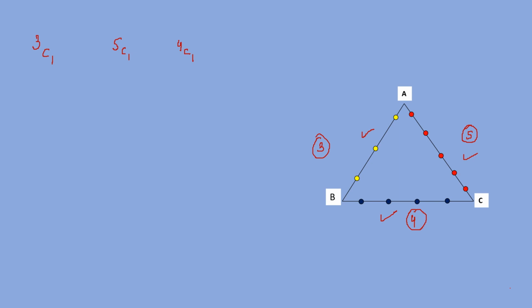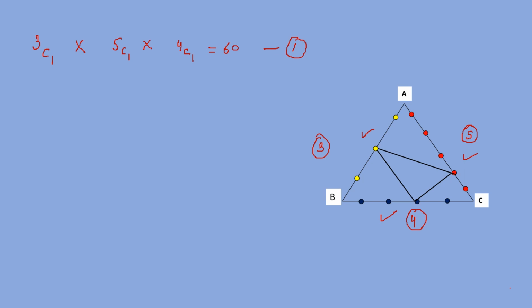If you join exactly one point from each side, you can construct a triangle in this way. So how many triangles can be constructed? 3C1 into 5C1 into 4C1, that means a total of 60 triangles can be constructed if you choose exactly one point from each side. Call this 1.